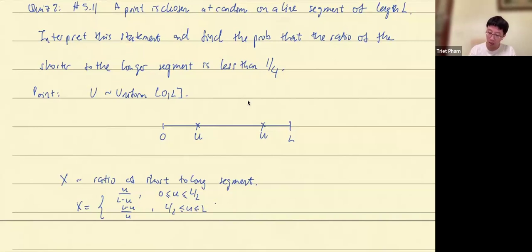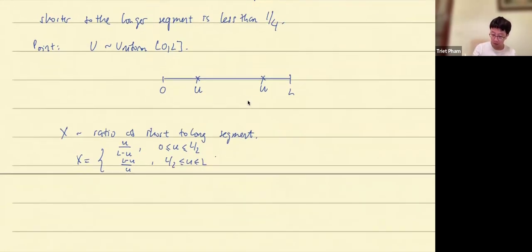What are we asking? We're asking what's the probability that X is less than a quarter. So there you go. Probability X less than a quarter.